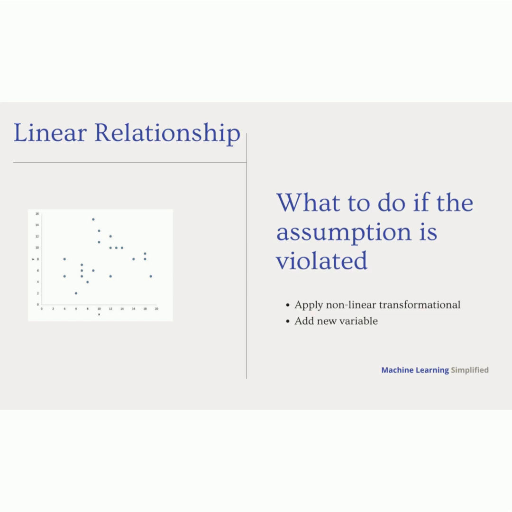We have 2 options. The first option is to apply non-linear transformation, and the second one is to add a new variable. So if we create a scatter plot of values for x and y and see that there is not a linear relationship between the two variables, as I mentioned, we can apply the nonlinear transformation to the independent or dependent variables or both at the same time.